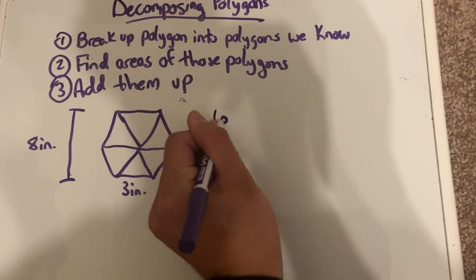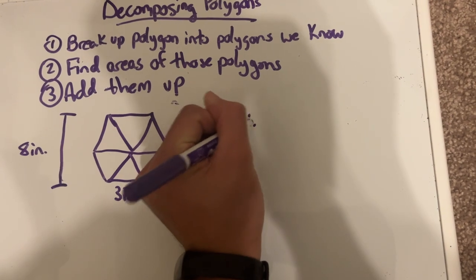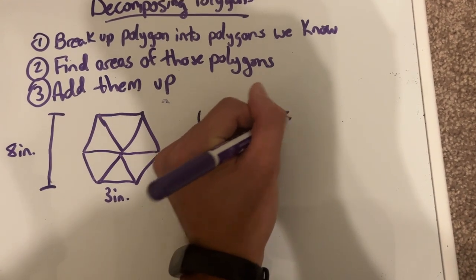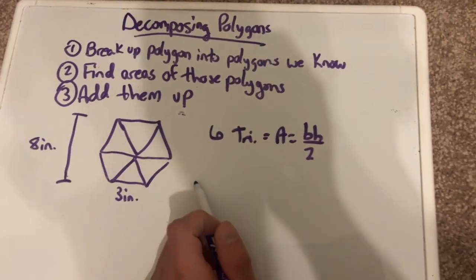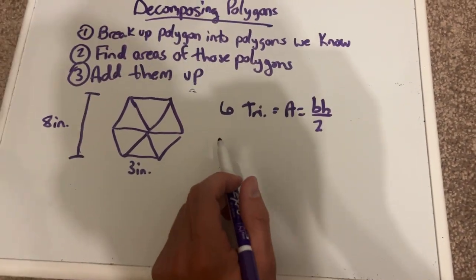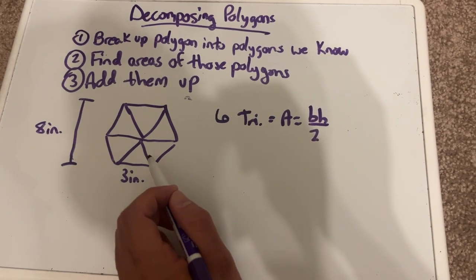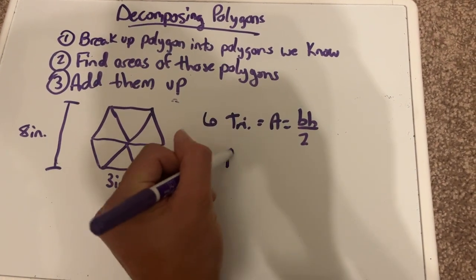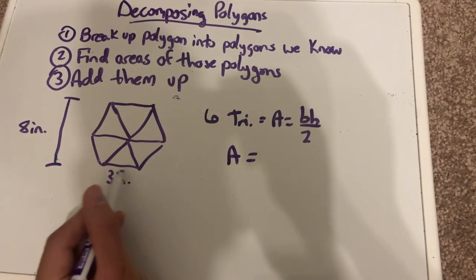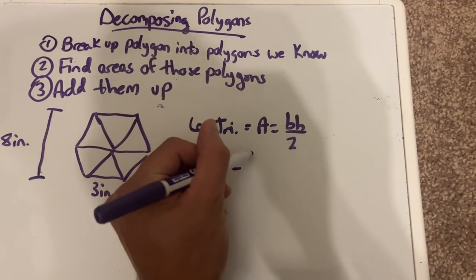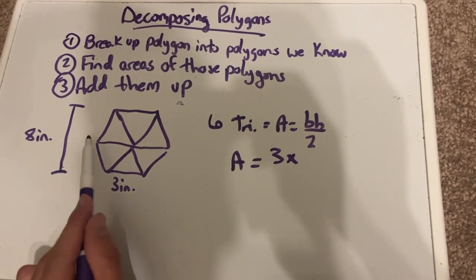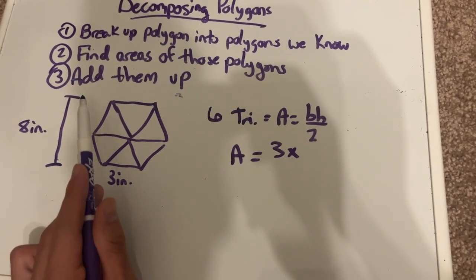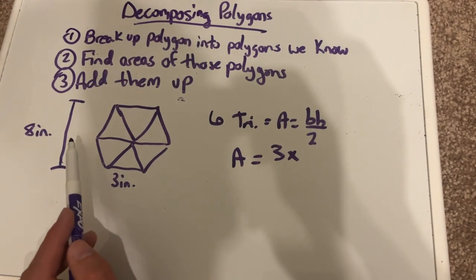So since there are 6 triangles, I know that the area of a triangle is base times height divided by 2. Let's identify what our area is going to be for just one triangle. We know our area is equal to our base, which is 3 inches right here. Base is 3 times our height. We are not going to use 8. That is the height of the entire hexagon.